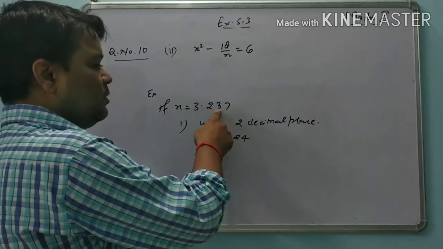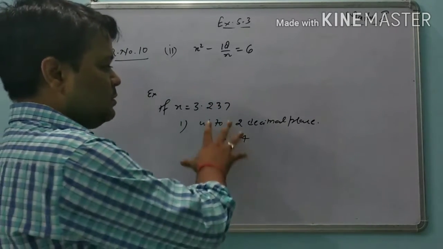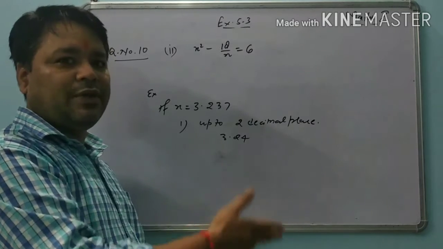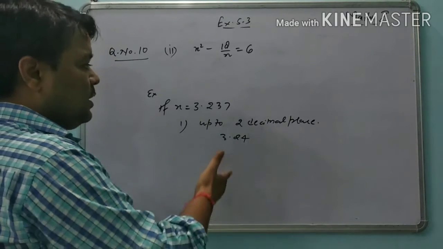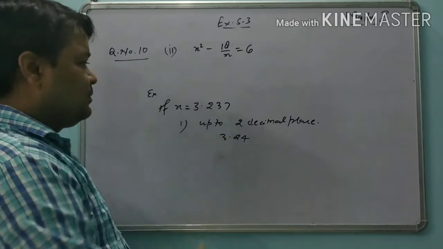Therefore the 3 will be increased by 1, and its value will be 3.24. This is up to two decimal places. Why 3.24? Because 7 is more than 5, so the 3 increases by 1. We just use the concept of rounding off, taught in class 6 or 7.